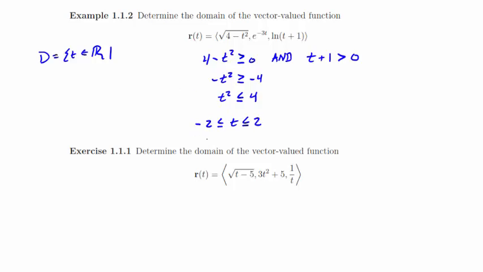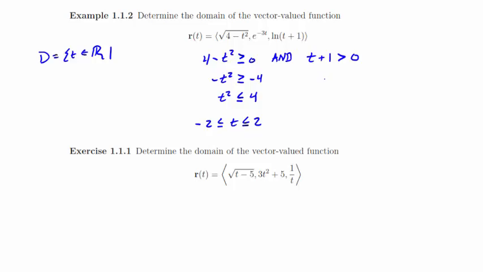So think about this for a second. Make sure that you're seeing that these two inequalities are equivalent statements here. So the square root of 4 is negative 2 and 2, if we're allowing for the plus or minus. And we want our t values to be such that when we square them, we get less than or equal to 4. So any t value between negative 2 and positive 2 will work.